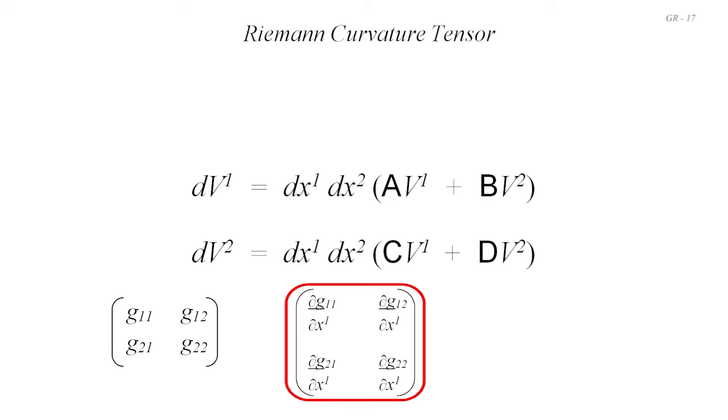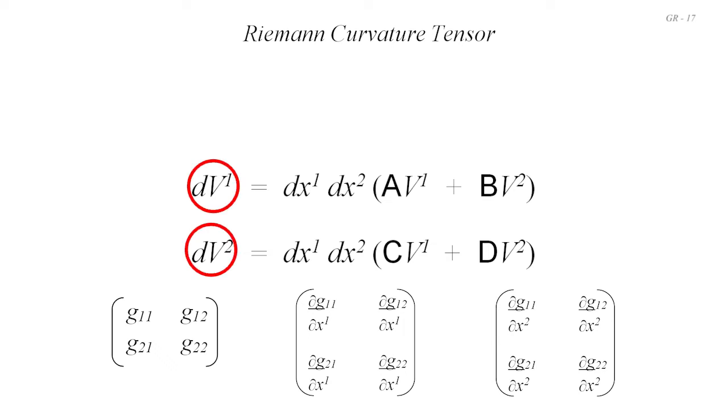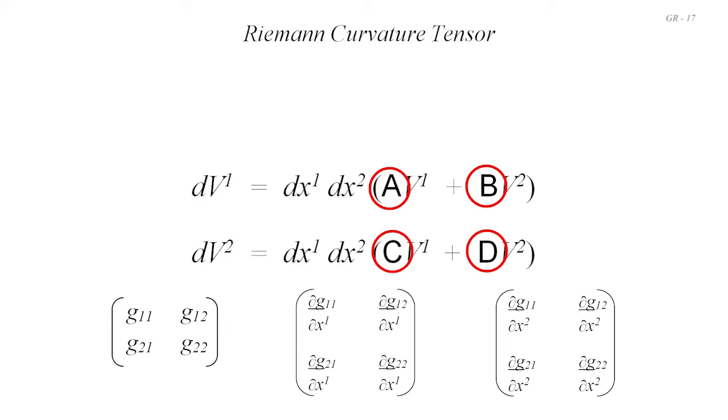Gradients with respect to x1 and also gradients with respect to x2. So that gives us possibly 12 numbers at each point in the space at the red dot, all of which may contribute to how the vector gets changed as it goes around the infinitesimally small loop. 12 things that could affect the values of dv1 and dv2, and hence be a part of A, B, C and D, even just for two dimensions.